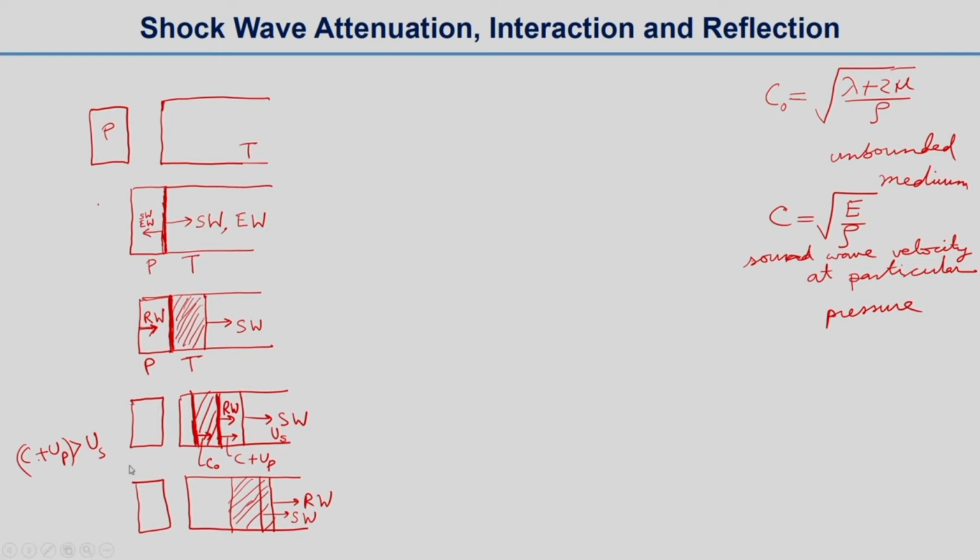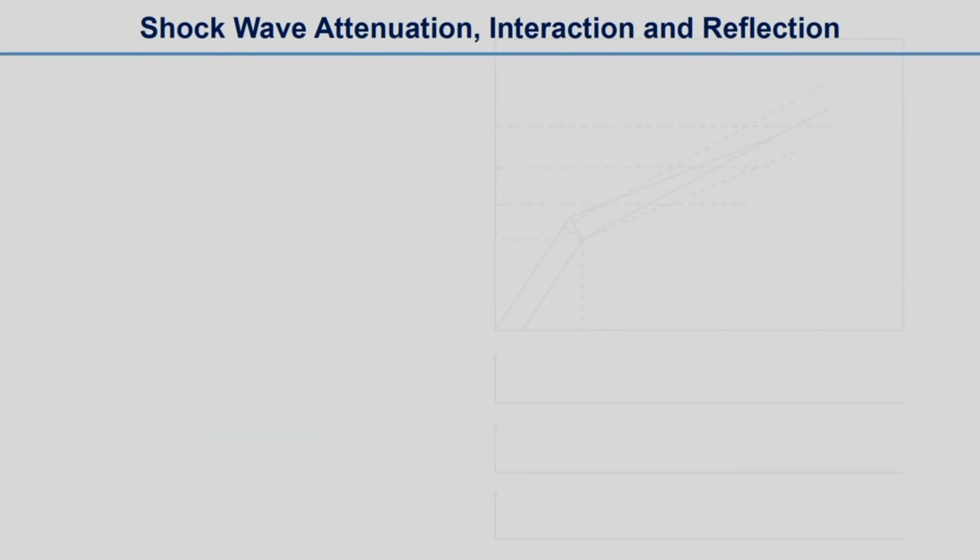So, let us draw another diagram, another plot which we call the x-t plot, distance versus time plot. What we will do is talk about the same problem we described just in the last slide.